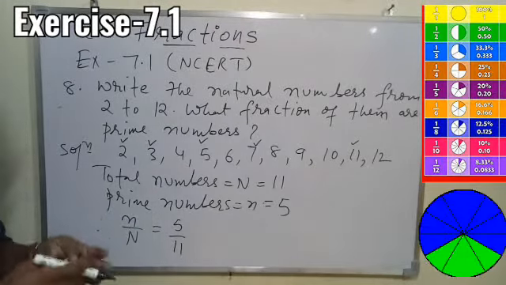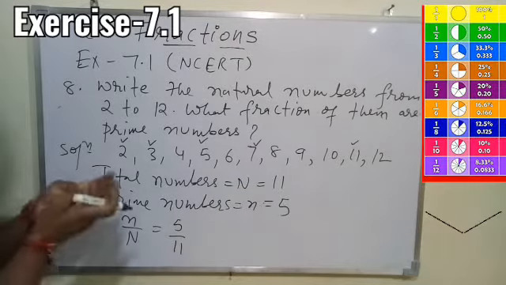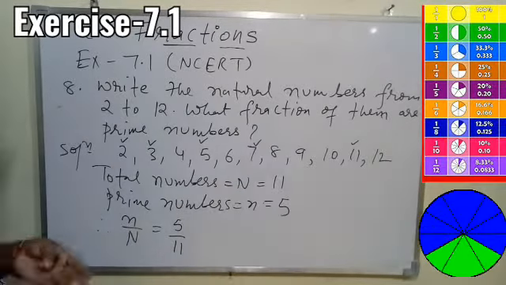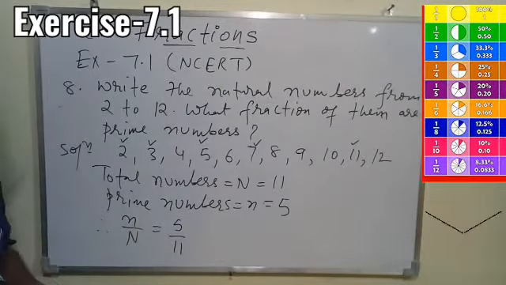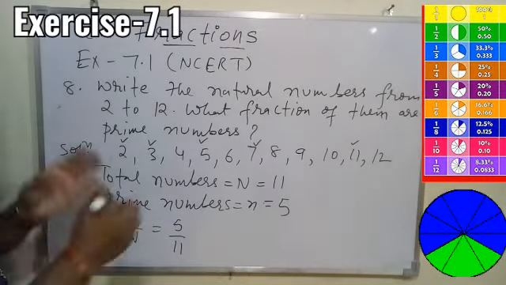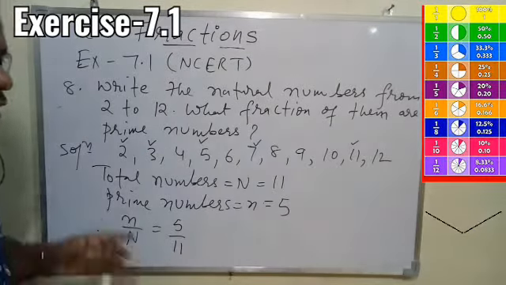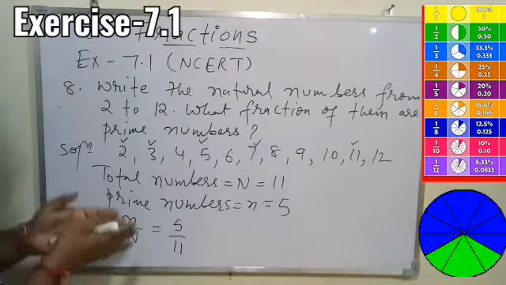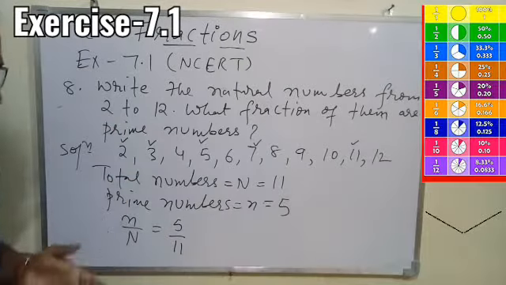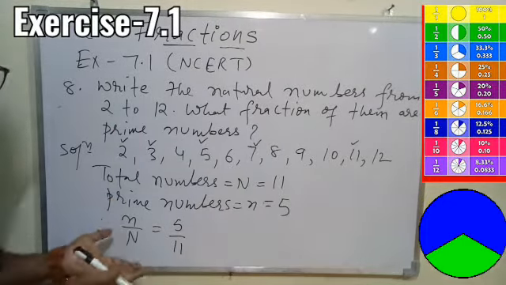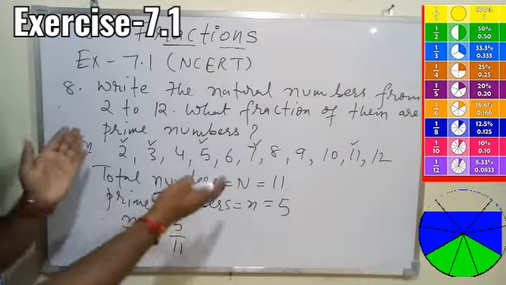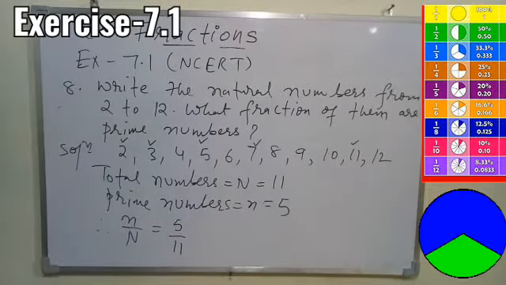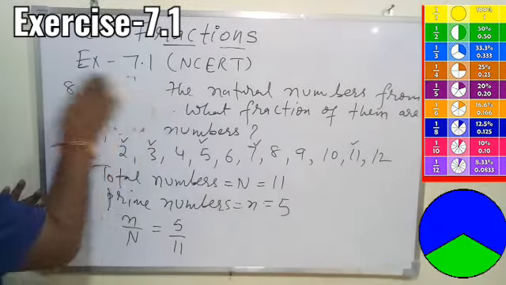So 5 upon 11 is the fraction showing the number of prime numbers in the given group of 11 numbers. Simple. So 11 numbers form a group of natural numbers, and 5 are actually prime numbers. So we can say prime numbers are the parts of a group of 11 different numbers given to us. That is how we understand the meaning of fraction. Simple.